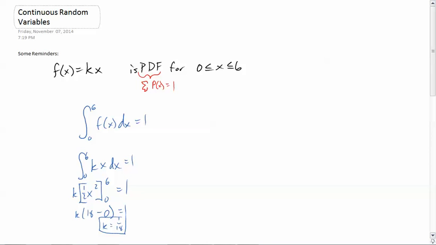All right. Now, what if I wanted to know the 90th percentile of this probability distribution function? For what value is above 90% of all the other data? Okay, let's think about this.